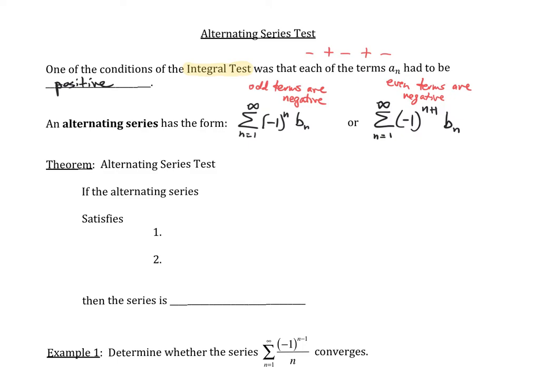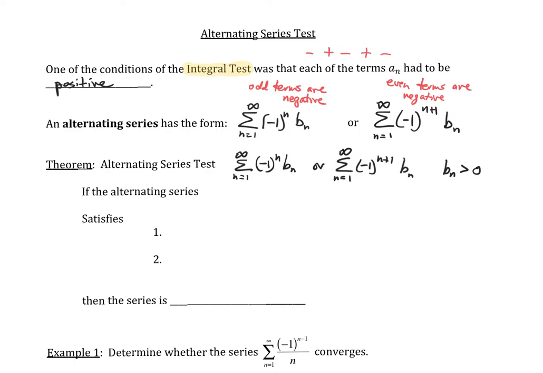So if the alternating series is of the following form, either the summation as n goes from 1 to infinity of (-1)^n b_n, or the infinite sum of (-1)^(n+1) times b_n, where this b_n is always greater than 0, so it's always a positive number. I think I forgot to mention that earlier. The sign is determined by the alternating piece out in front, and this b_n is always positive here.